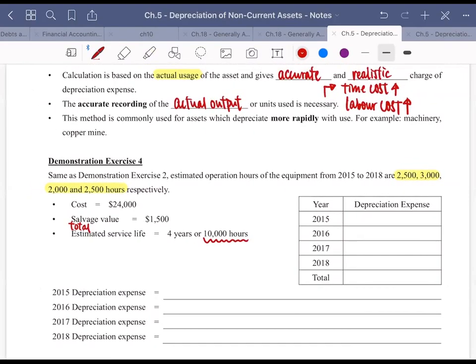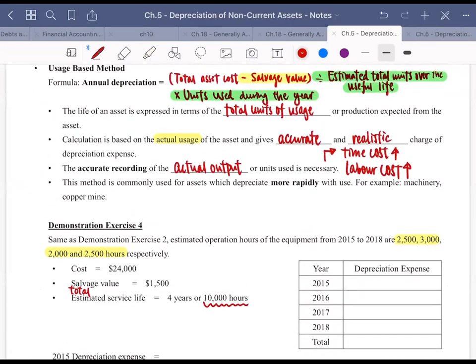And you can see that in the first part of this method, we're going to use the total cost deducting the salvage value. This part is very similar to the straight line method. So the first two items, the information provided in the demonstration exercise 2, we are going to use in this case again.